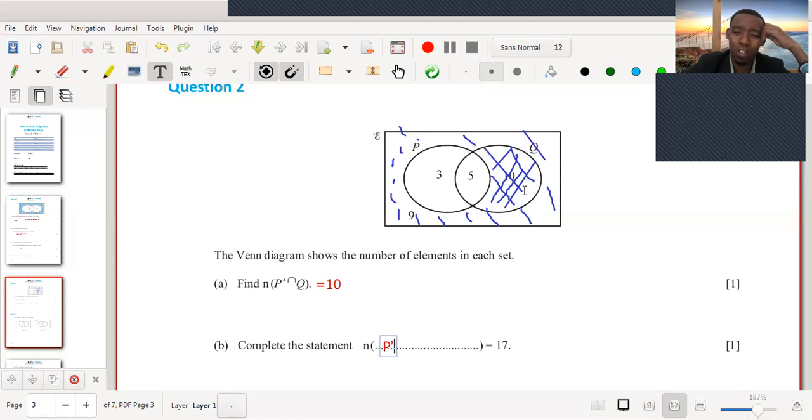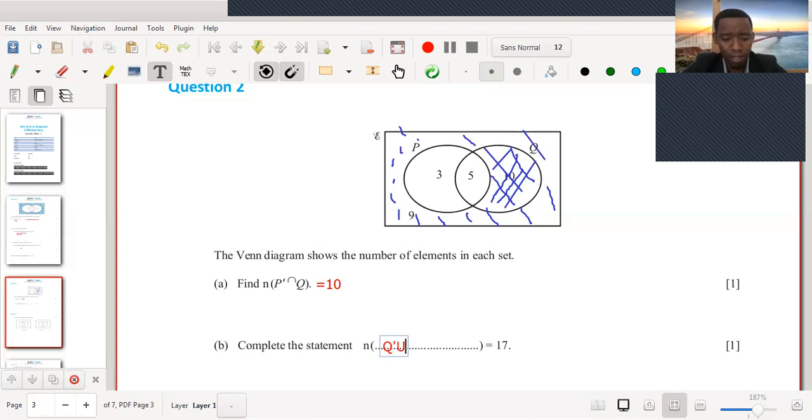Everything which is not in Q is Q complement. When I take Q complement union P, how do you see that?